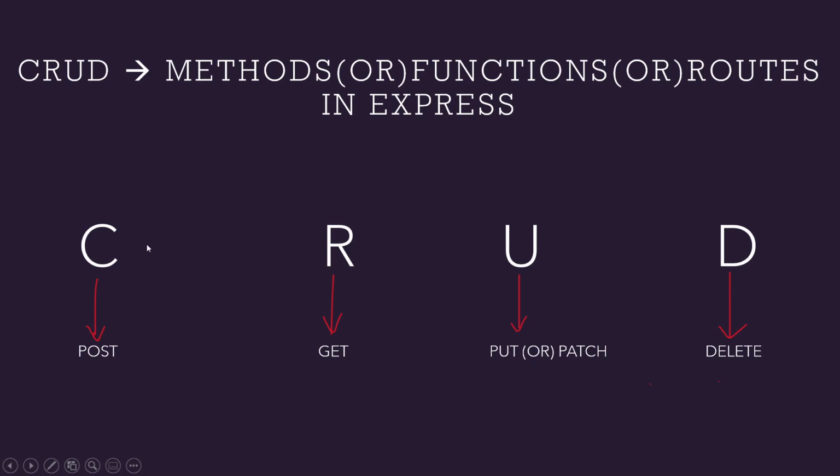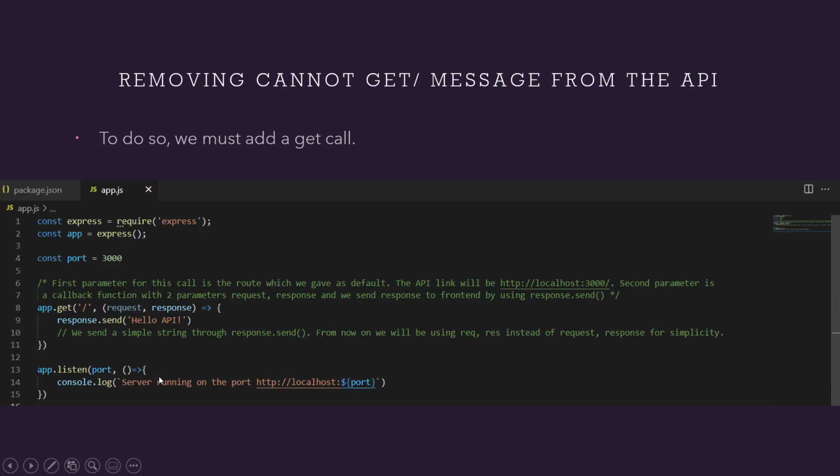So as you have seen, we'll be having app.get, app.post, app.put, app.patch, and app.delete. Those are all the CRUD operations. Then we remove the get message from the API.